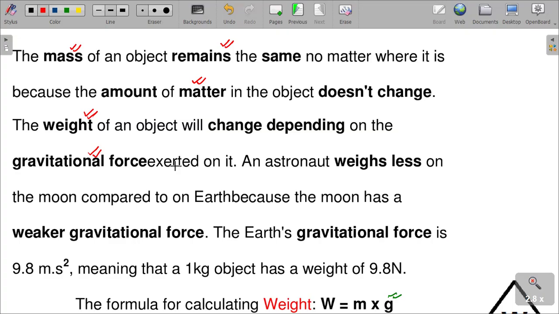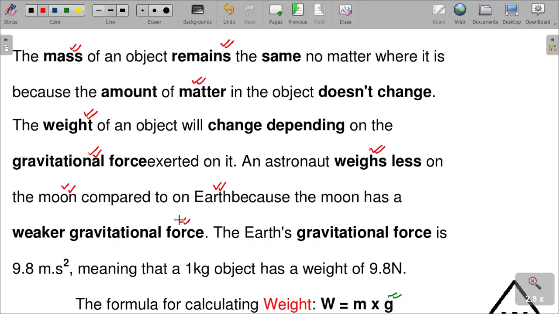An astronaut weighs less on the moon compared to on the earth, because the moon has a weaker gravitational force.